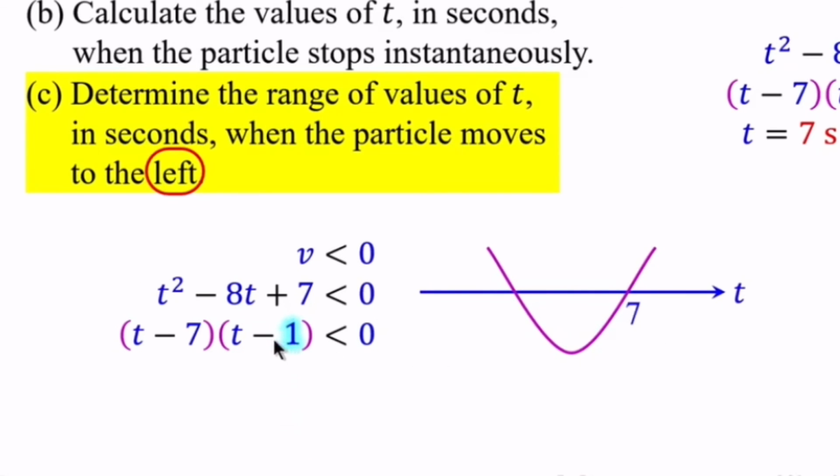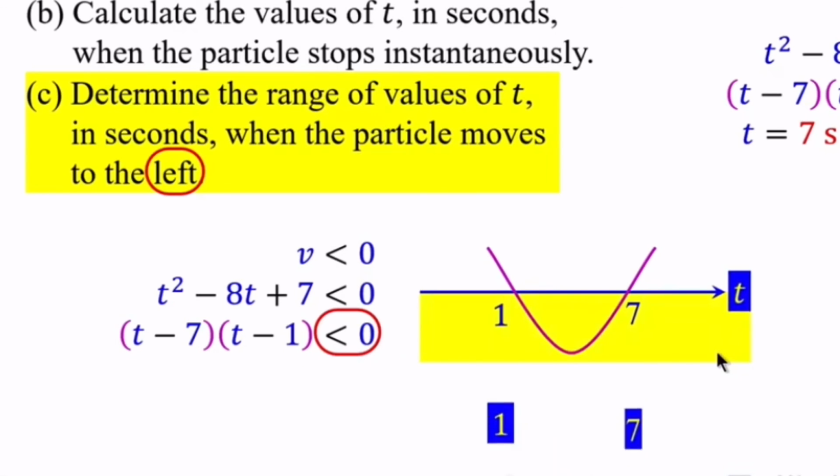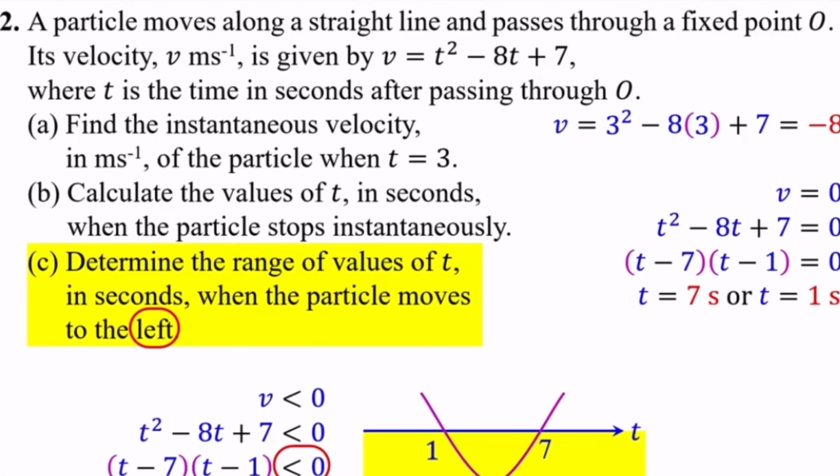So the time is from 1 to 7, between 1 and 7 second, right? So that is how we read the range of the time. So it's actually 1 < t < 7, and that is how you represent it using inequality.